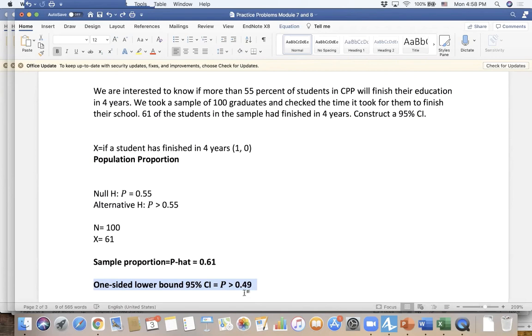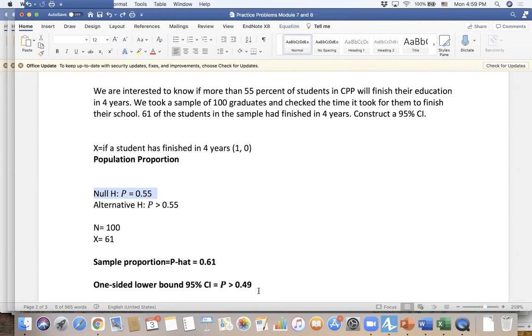And now you're telling me you think it's 0.55. I know 0.55 is greater than 0.49, and you're thinking it's 0.55. I cannot reject what you say. That's what it means. I fail to reject the null hypothesis because 0.55 is in the interval that I have constructed.